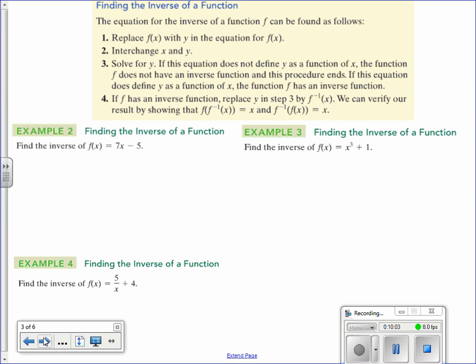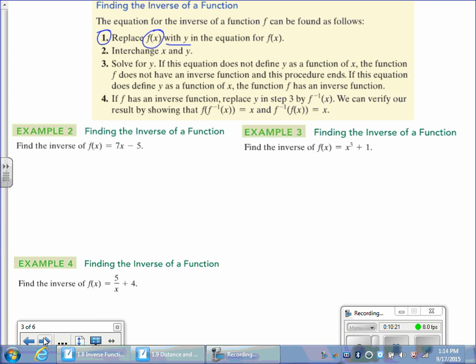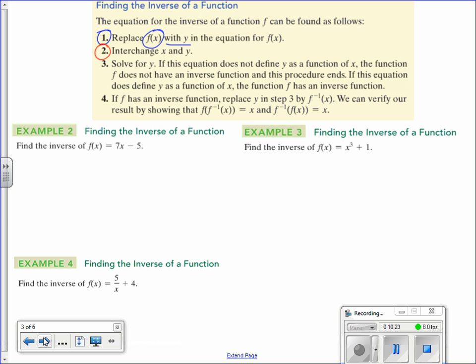Now we're going to find the inverse of a function. We used to do this in Algebra 2, and we had a list of steps. So step number 1, you replace f of x with y. The next step, step number 2, is you interchange x and y.